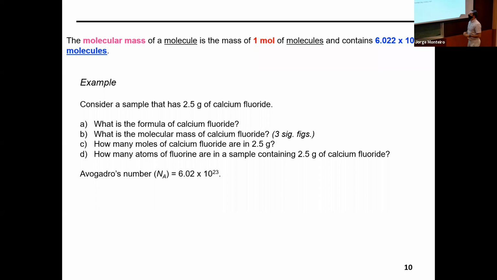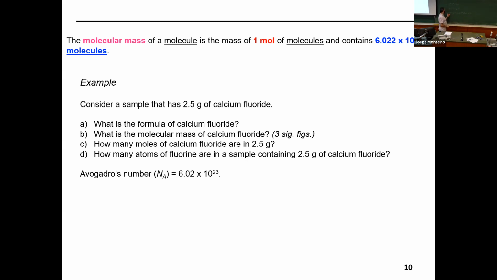So let's tackle item C. How many moles of calcium fluoride are in 2.5 grams? All right. 1 mole of calcium fluoride, we can always replace mole by 6.02 times 10 to the 23rd molecules of calcium fluoride.